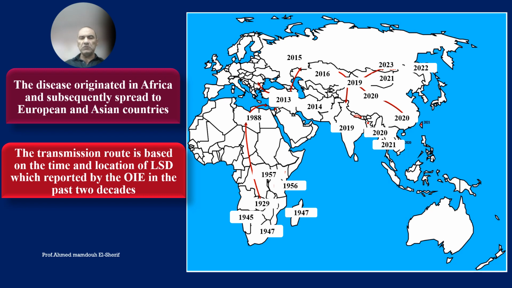in 1929, distributed to the surrounding area through the years 1945, 1947, 1956, and then transmitted through the Sahara, reaching Egypt and Libya in 1988, and then Europe, in occupied Palestine in 1989, and then Iraq and Turkey, and in 2014 India, 2019 the east of Europe, Russia, and the Balkan countries in 2016, and then entered China in 2019.